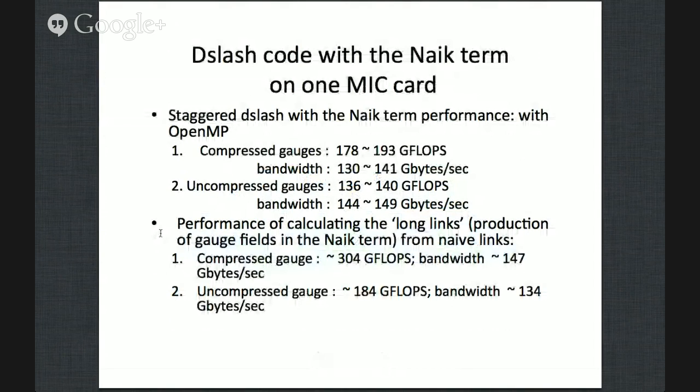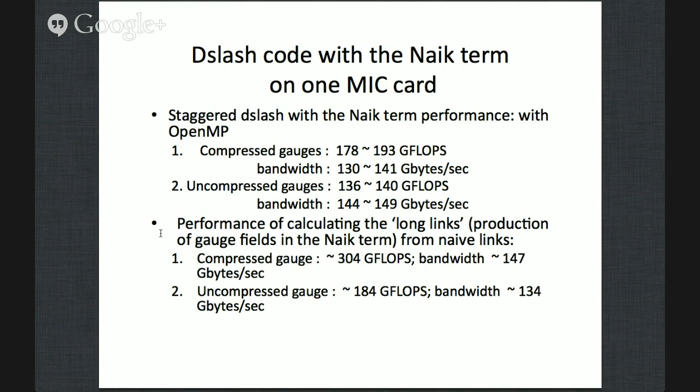Then we add the naive term in our D-slash code, and we didn't see much performance difference from that either. Typically we observed around 180 to 190 gigaflops, and bandwidth around 130 to 140 gigabytes per second. It may go down a little bit, and for uncompressed gauge, the performance doesn't really change much.